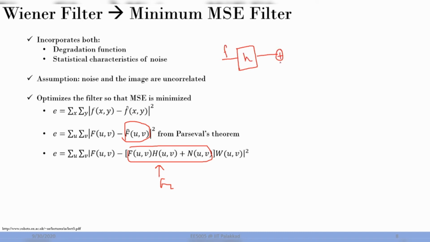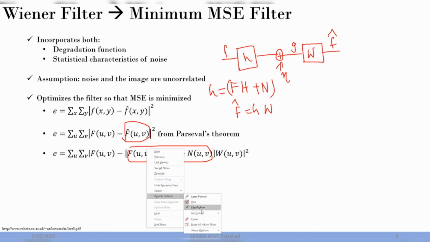Then you are adding noise to it, some sort of eta, and then you have the observed signal G, which you pass through a filter W, and this is your F hat. So in terms of the Fourier transform, F is multiplied by H and added with noise N. This forms your G, and then G is multiplied by W, and that forms your F hat. That's exactly what I'm writing here, so there's no confusion, I hope.